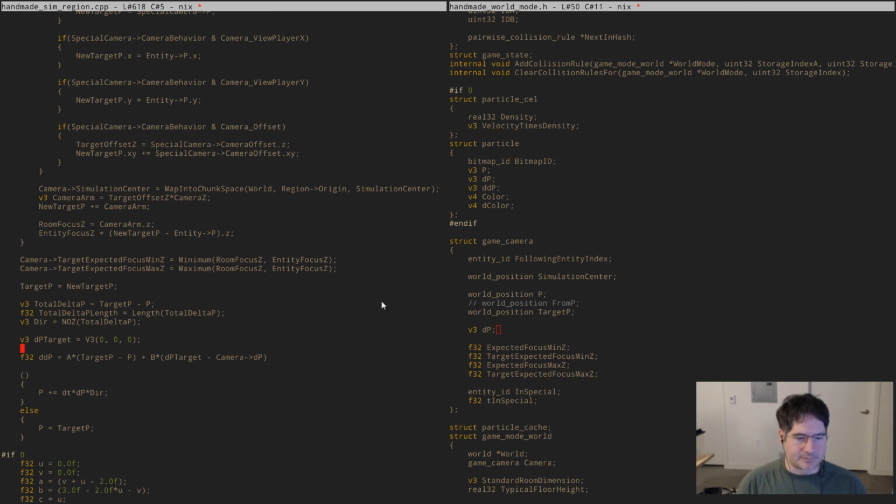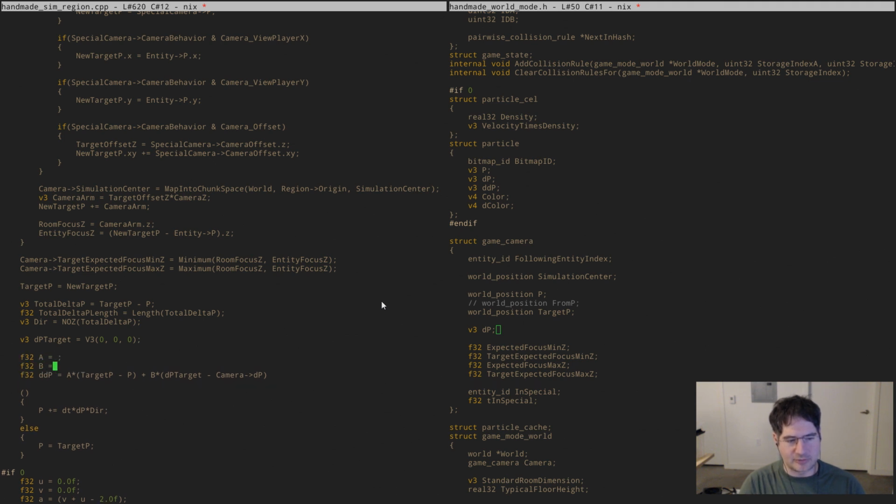All right. So using a simple update step like this allows me to set 2 tuning parameters, and those tuning parameters are how much I want the velocity difference to be accounted for, and how much I want the positional difference to be accounted for, right?